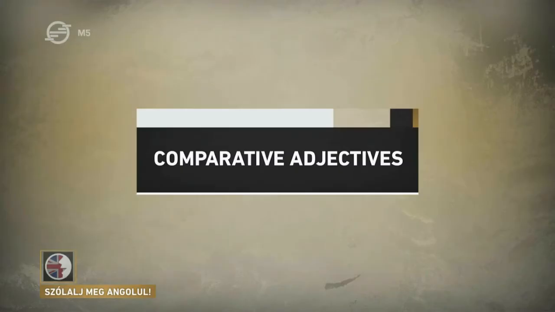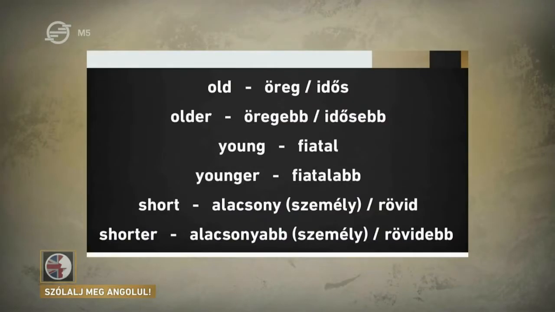Okay, now, back to the lesson. What else did we learn last lesson? Correct-a-doodle-doo. We started to look at comparative adjectives. We learned about old and older, young and younger, and short and shorter. Good. Now, where was the problem area with the comparative adjectives?